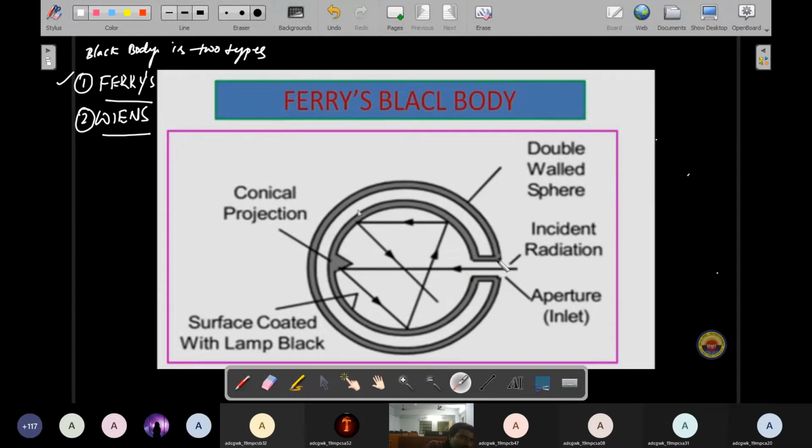This is also called a double walled sphere, and it has a conical projection. Inside we coat it with the lamp black color. Understand, everybody.